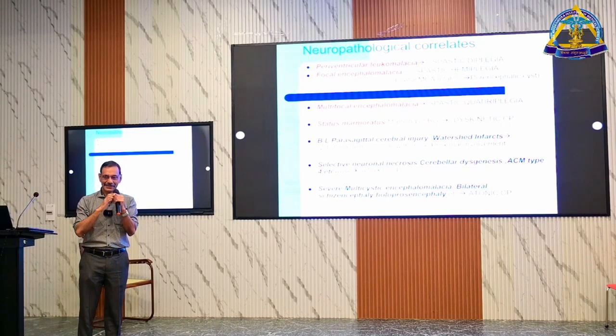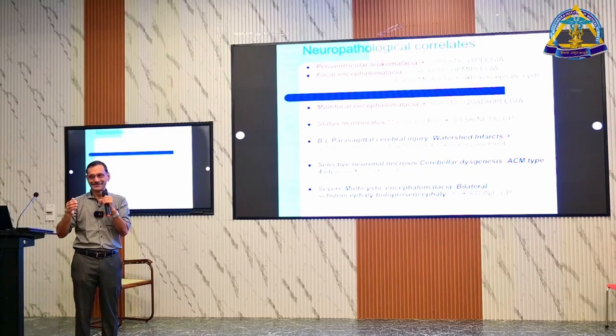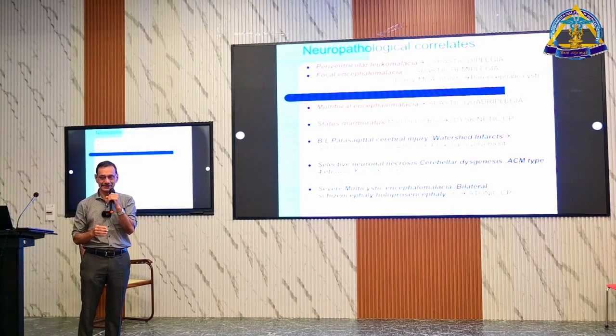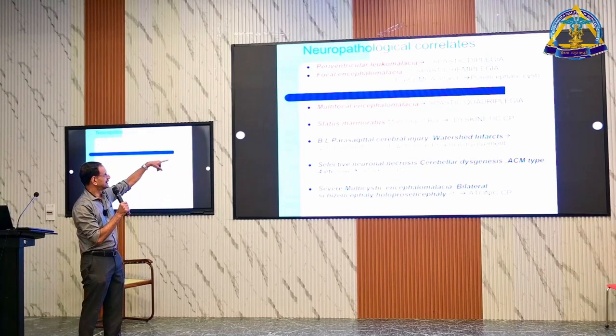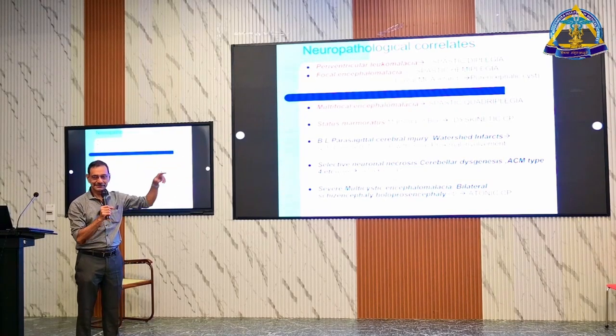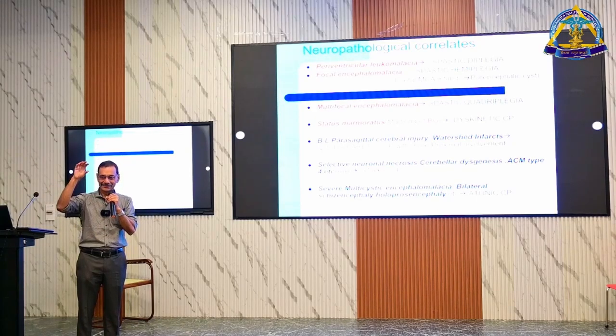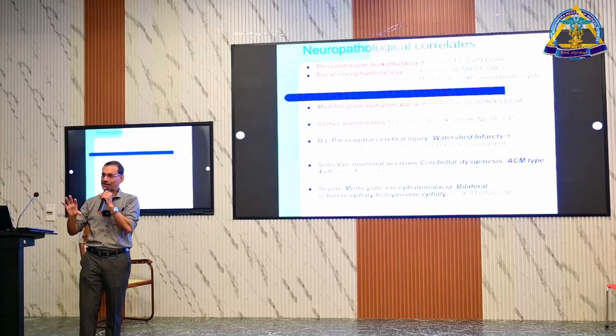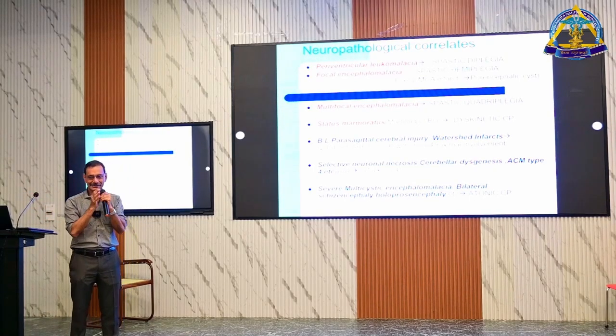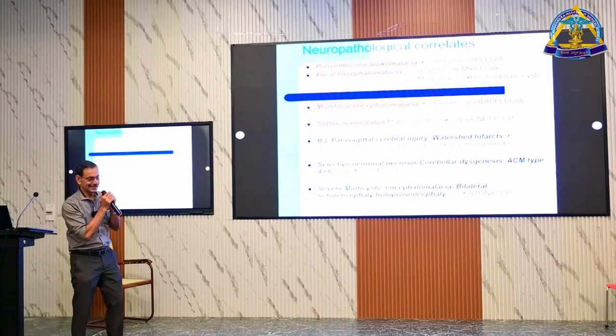So it becomes sort of a marbled appearance of the extrapyramidal system, basal ganglia. So that is called status marmoratus. So those three terms are very simple: whether it can be focal, whether it can be periventricular, whether it is widespread. The last one is extrapyramidal, which is status marmoratus.